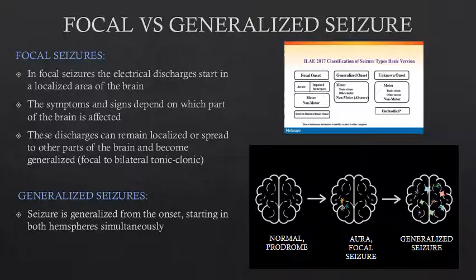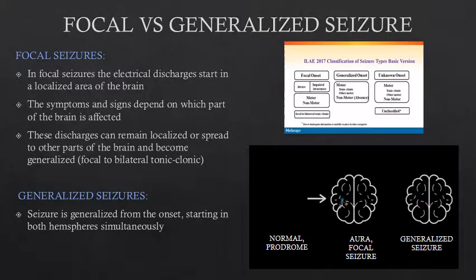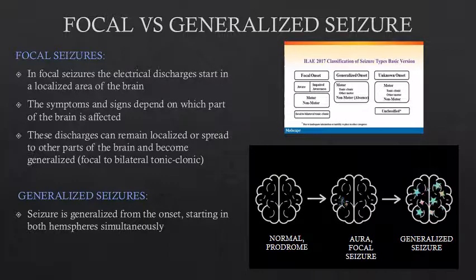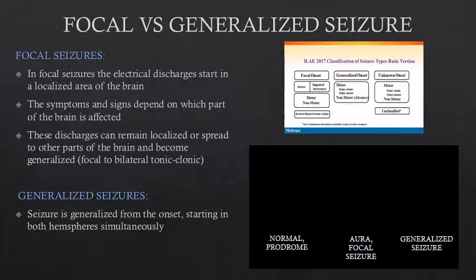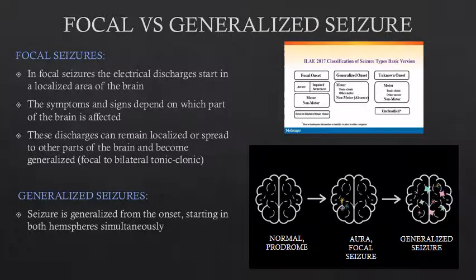For example, if a patient suddenly has loss of consciousness with only the right hand jerking for about 30 seconds, and suddenly the rest of the body goes into a generalized tonic-clonic seizure.